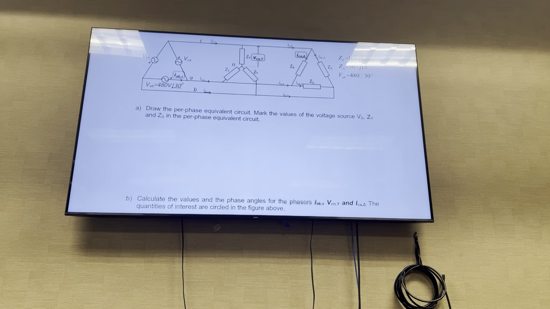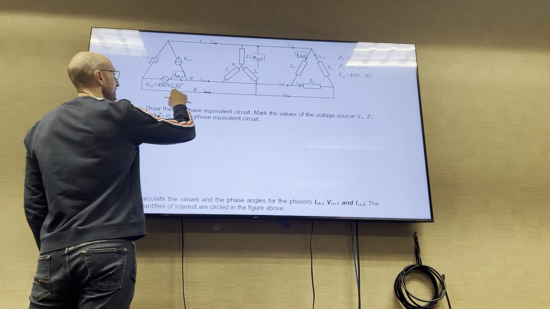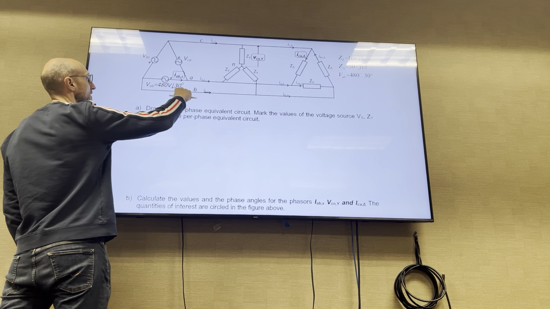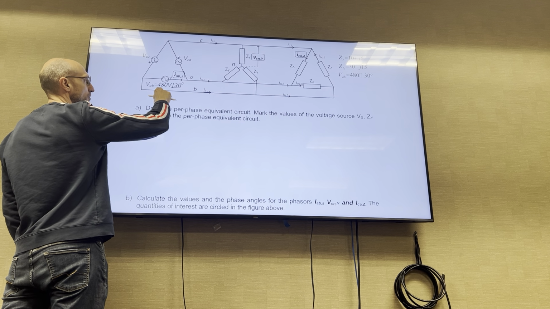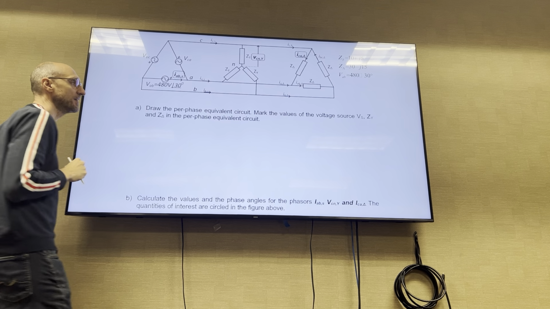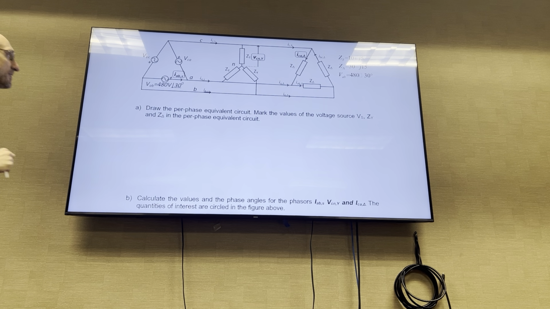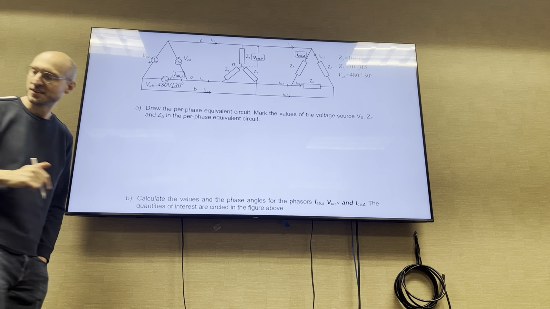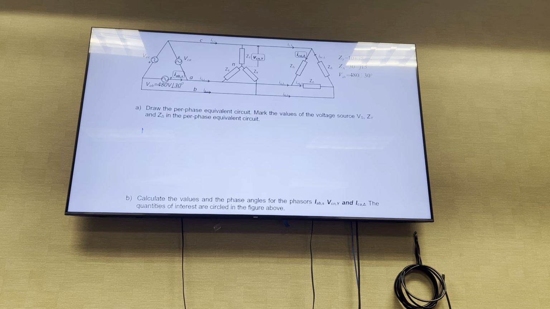So here you're given this reference phasor, so right away I can tell that VAN will be 277 angle 0. And then I can draw my per phase equivalent, which will be that source of 277 angle 0. And then I have one impedance here, Z_Y, which is already given.